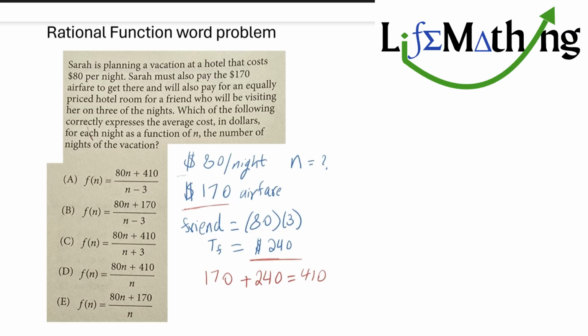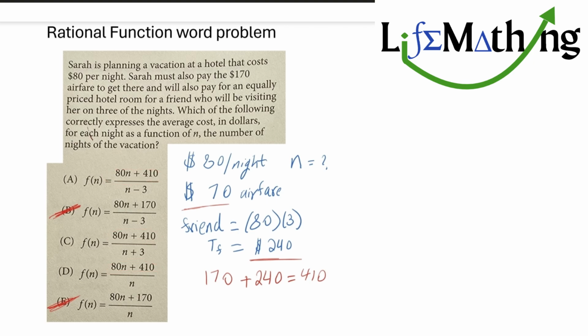That means that on top of the $80 per night that she's spending, she has to spend $410 for the airfare and for her friend. We're going to add the $80 per night to the $410 to get the total price that she's going to spend on her vacation. So far with the information we have, this equation looks good. This equation looks good, and this equation looks good. Everything else is out. It cannot be E and it cannot be B.